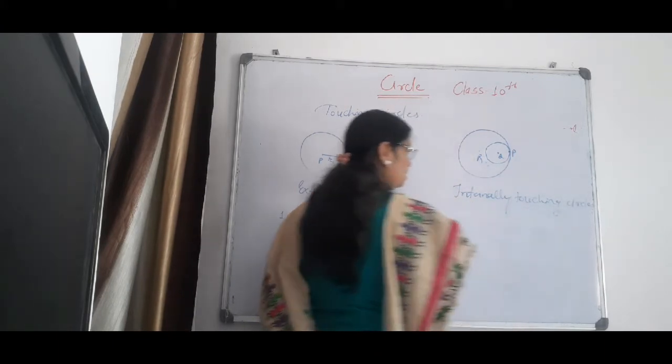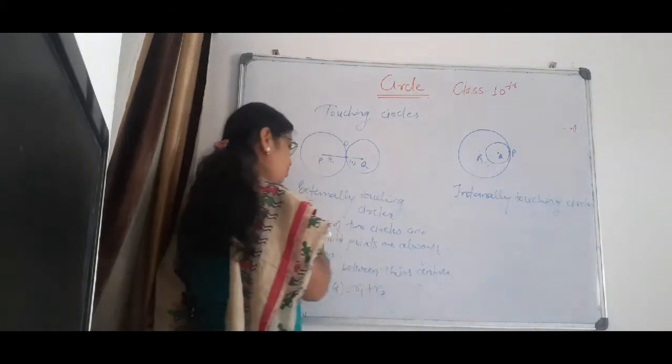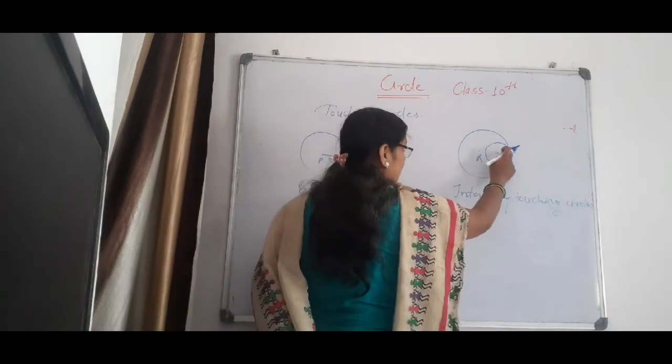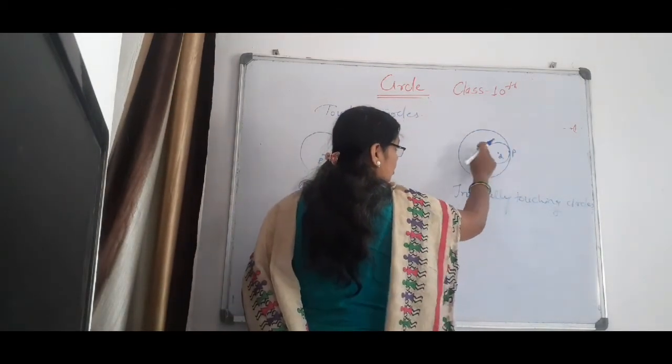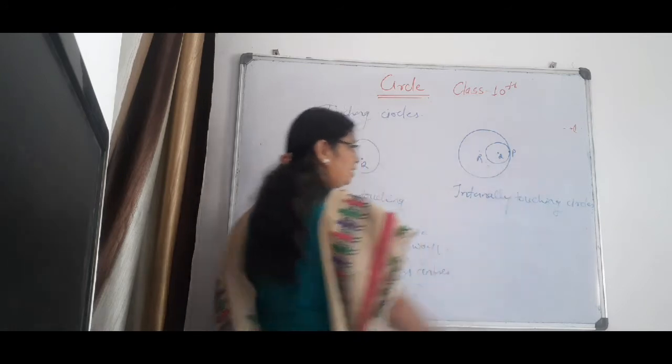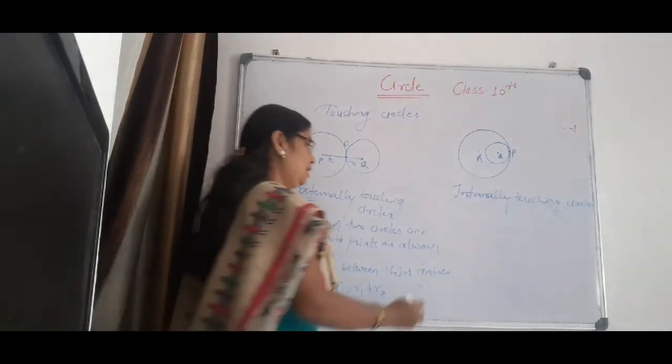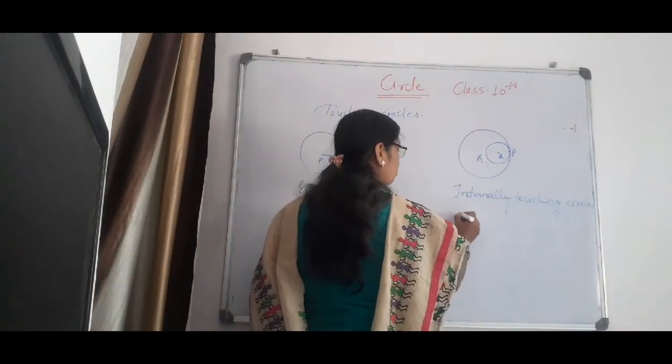Internally touching circles. Here also the first property is same: centers of both the circles and the intersecting point always lie in the same line. What is the second property?